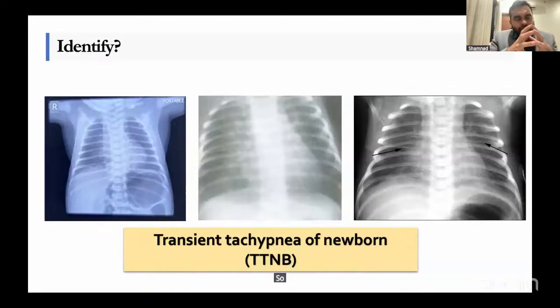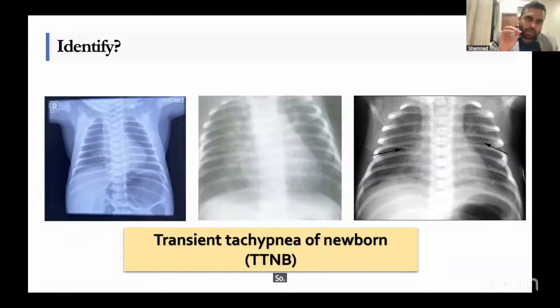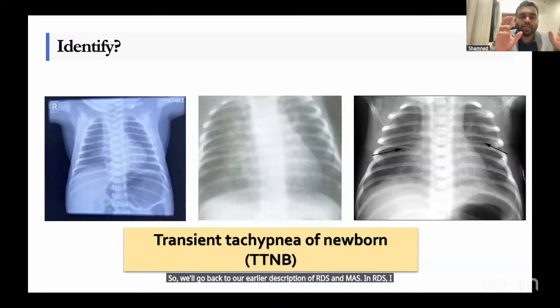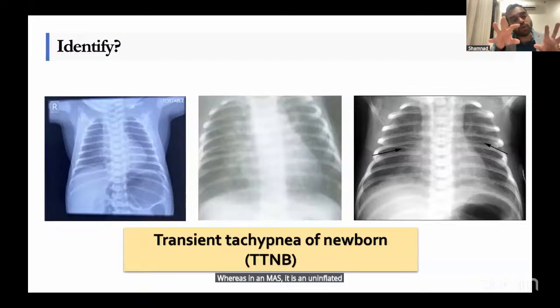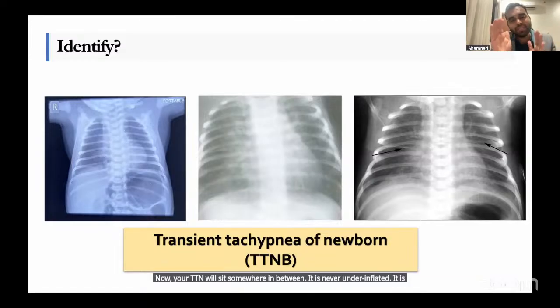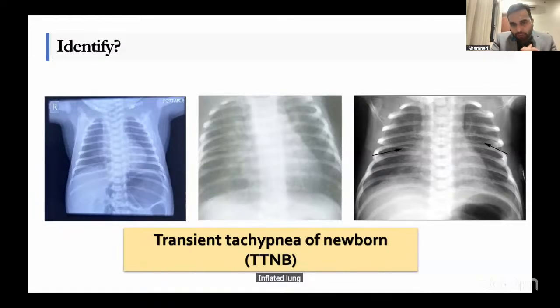So TTN is one of the common scenarios you encounter for a term baby. So we'll go back to our earlier description of RDS and MAS. In RDS, I told the classical X-ray finding is an underinflated lung, whereas in an MAS, it is an overinflated lung. Now your TTN sits somewhere in between. It is never underinflated. It is a moderate to severely inflated lung in TTN.